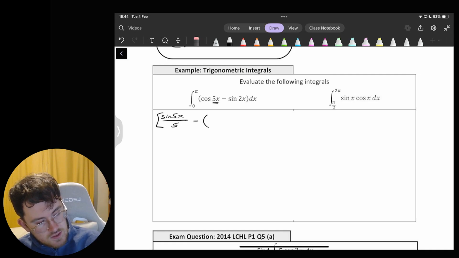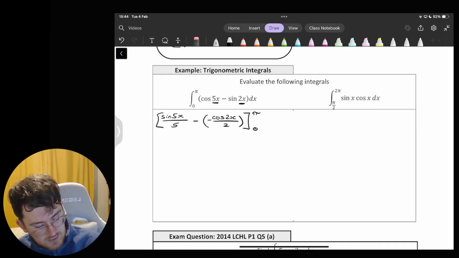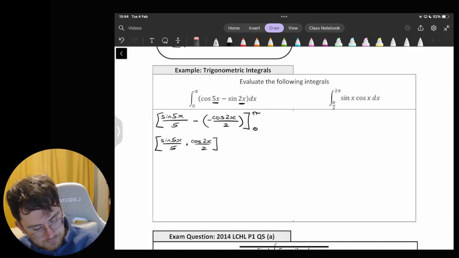Sine integrates to minus cos, and again we divide by 2, which is the derivative of the angle part here, and I need to evaluate this at 0 and pi. So let's simplify everything here first of all. Sine 5x over 5 plus cos 2x over 2, evaluated at 0 and pi.